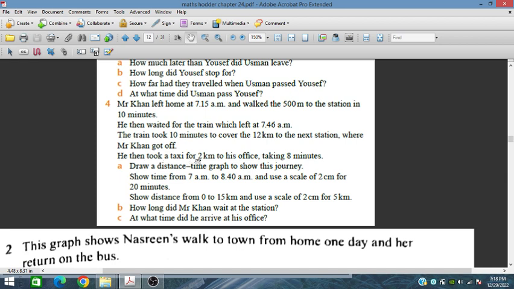He then took a taxi for 2 kilometers to his office, taking approximately 8 minutes. Draw a distance-time graph to show this journey.